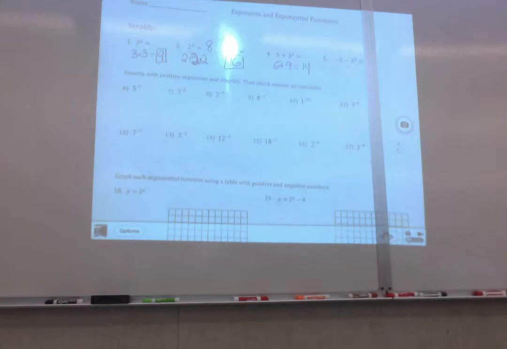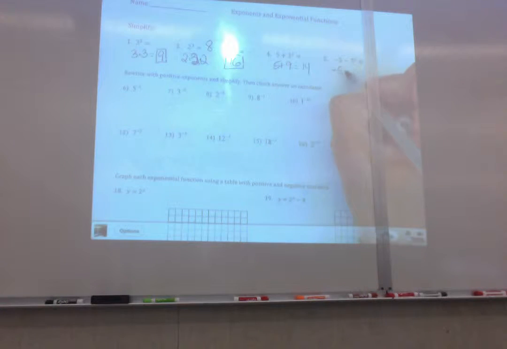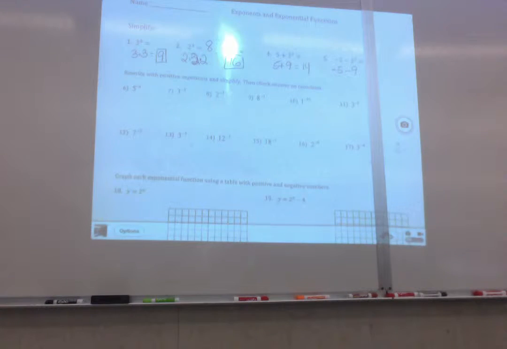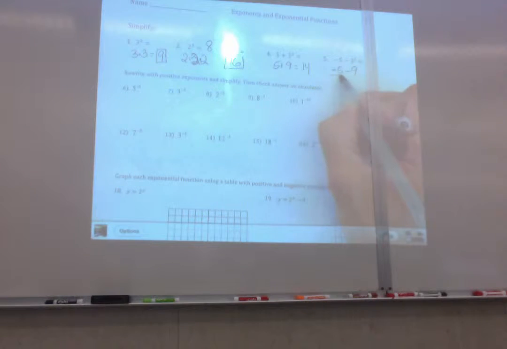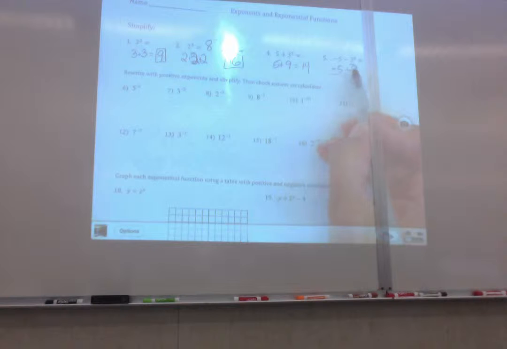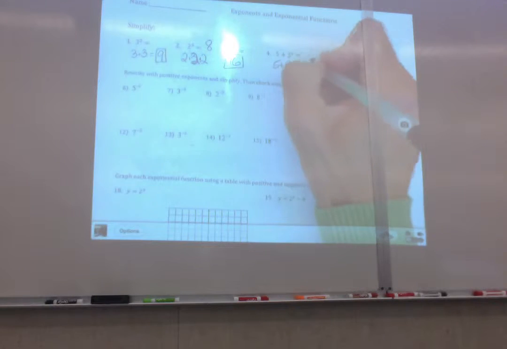We do it in 2 steps. Do the exponents first. Okay, negative 5 minus, we already said 3 squared is 3 times 3 or 9. Now we're going to go keep, change, change. Negative 5 plus negative 9 is? Negative 14. Are we good to there?